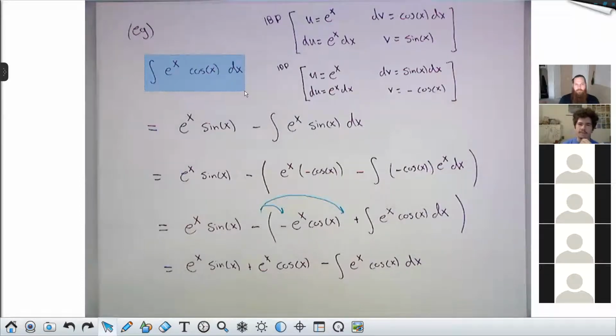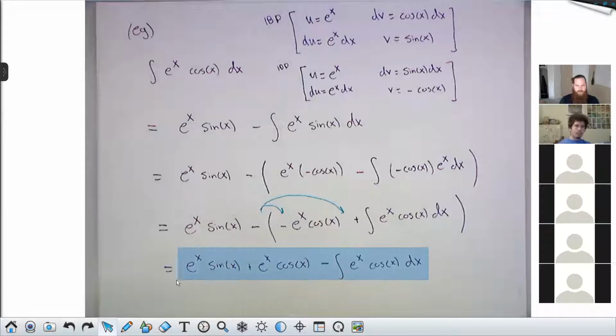E to the x never changes, and cosine just kind of flip-flops between two binary states. Yeah, right, exactly. Every time I run an IBP, e to the x stays e to the x, and this guy flips back and forth between sine and cosine modulo a multiple of -1. In particular, my original integral has shown up down here. This is the problem I started with.